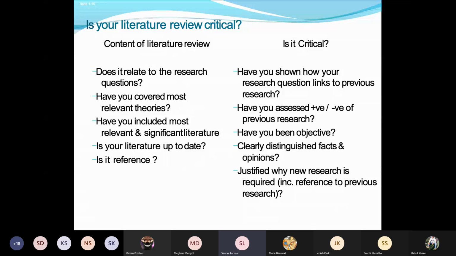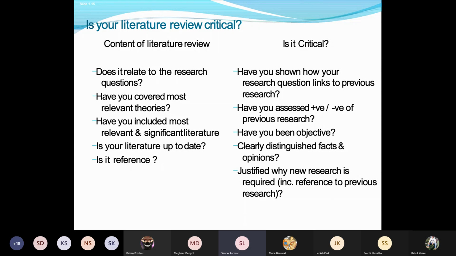While reviewing the content of the literature review, is it critical or not? You can check from some of these criteria or parameters. Please read this also. Content of the literature, and is it critical or not?